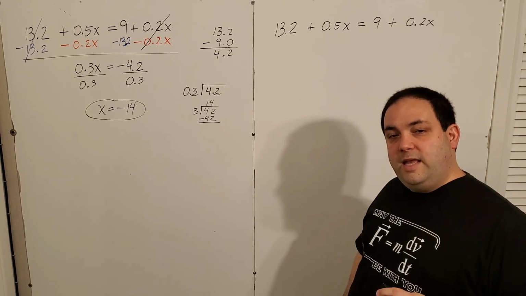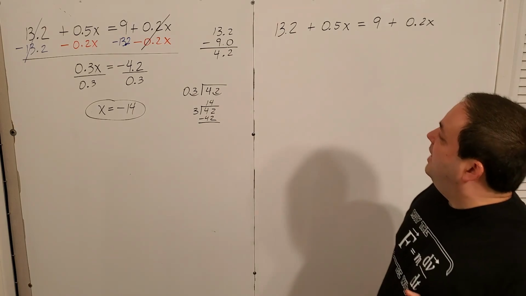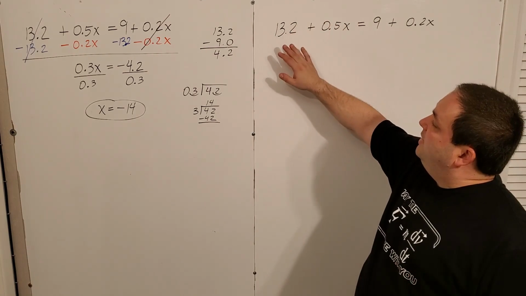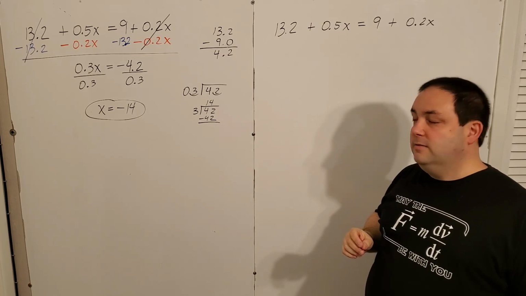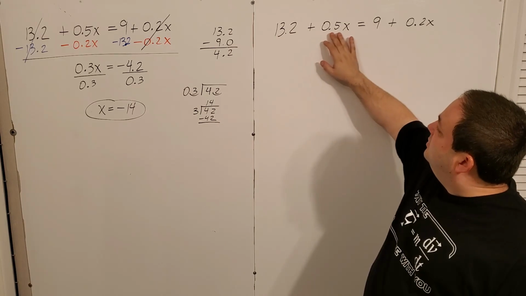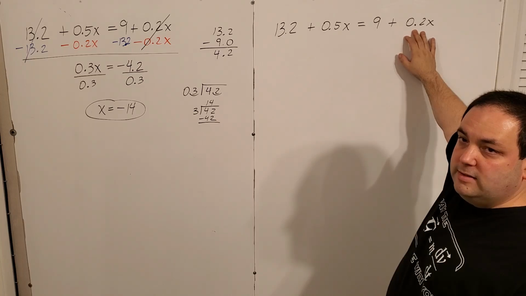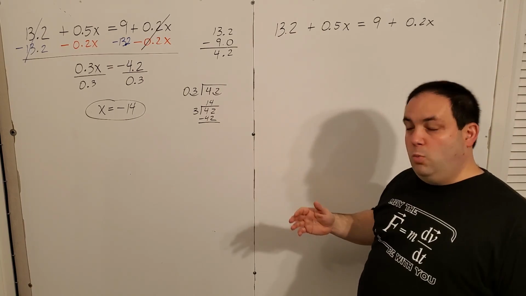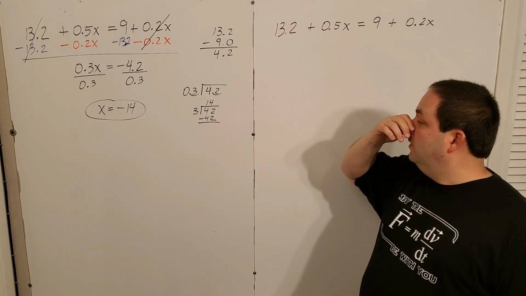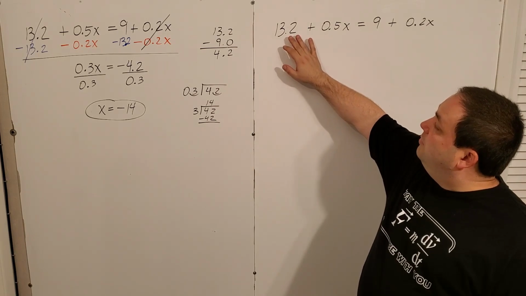Well, one quick step can do that for you, and that is to notice how many decimal places you have and to call out that lowest decimal place. In this case, I notice I have one decimal place, and that's the lowest. If it had been 2 or 3 or 4 in one of them, then I would find that lowest one, okay? In this case, it's just one decimal place.